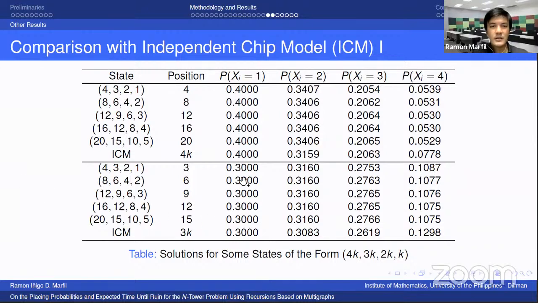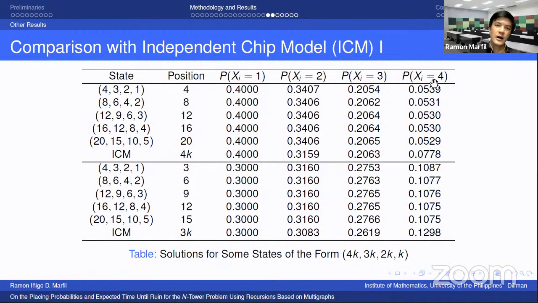So kung makita natin dito, meron tayong mga states na multiples ng 4, 3, 2, 1 yung mga positions. So meron tayong 4, 3, 2, 1, 8, 6, 4, 2, and so on. Makita natin for ICM or for the independent chip model, para sa lahat ng states na to, equal yung probabilities, yung estimated placing probabilities for first place, second place, third place, and fourth place.